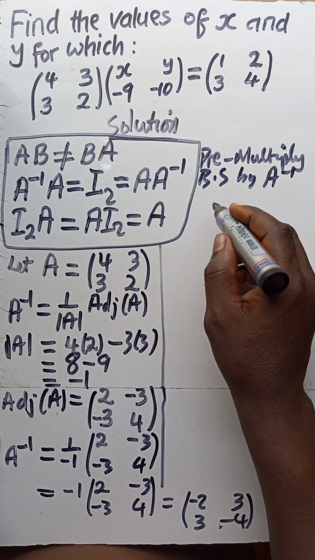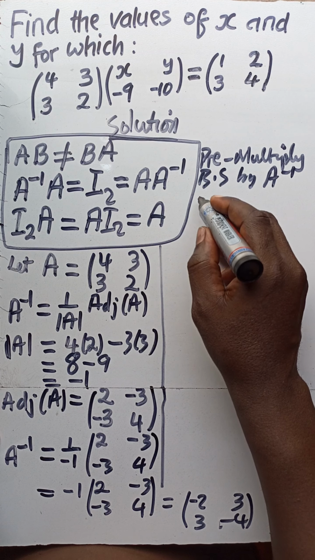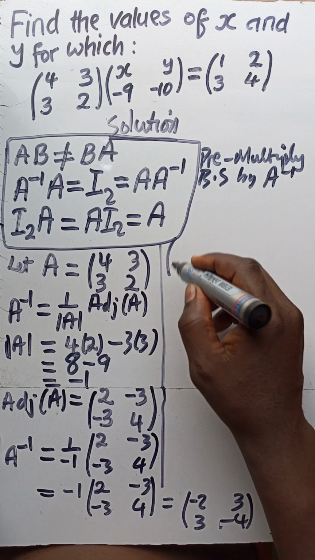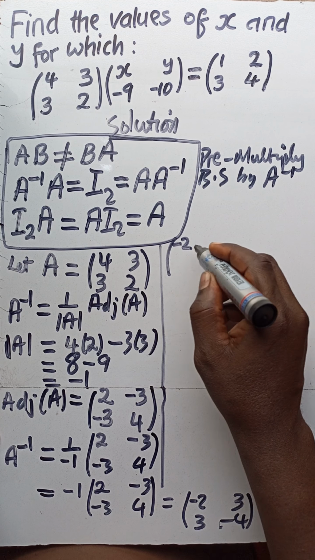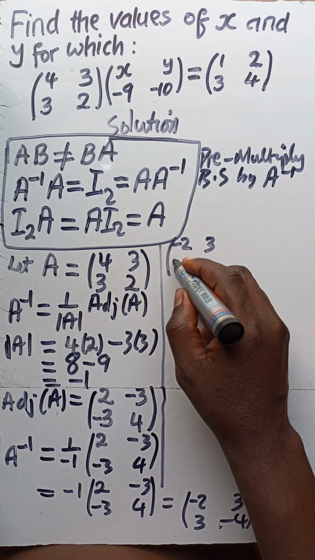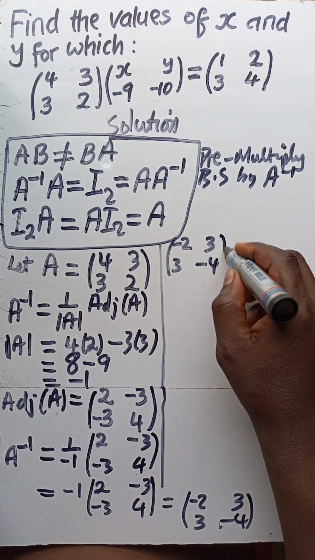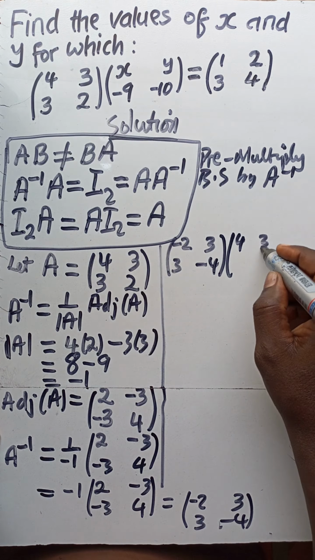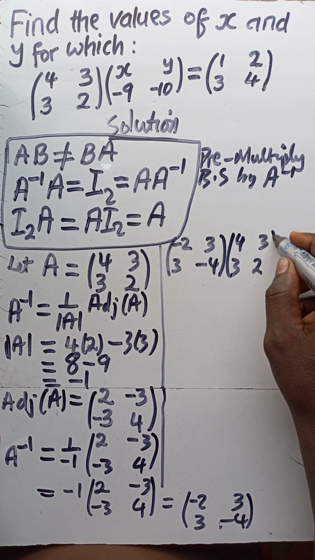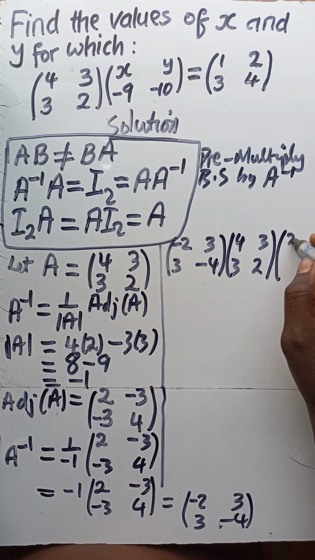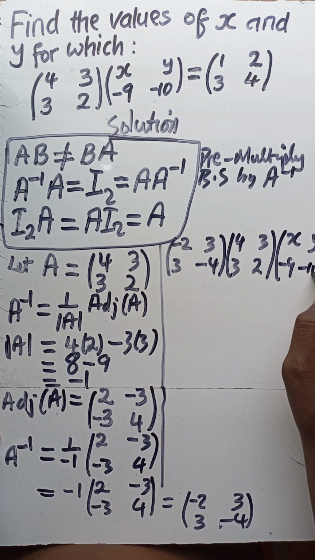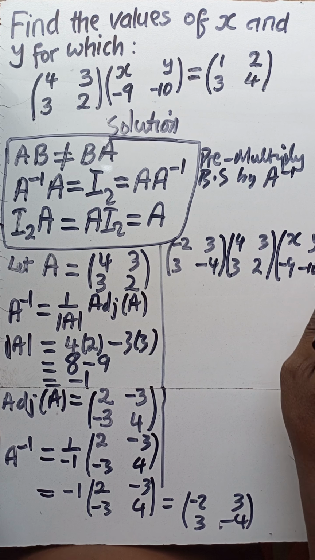Taking the left hand side, we'll have the inverse, [-2, 3; 3, -4], multiplied by that matrix [4, 3; 3, 2], multiplied by [x, -9; y, -10].